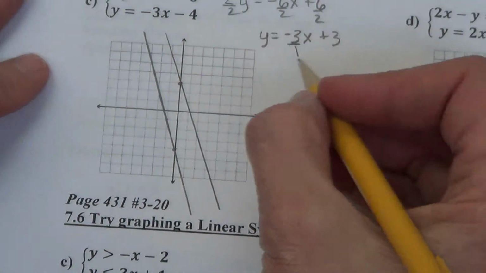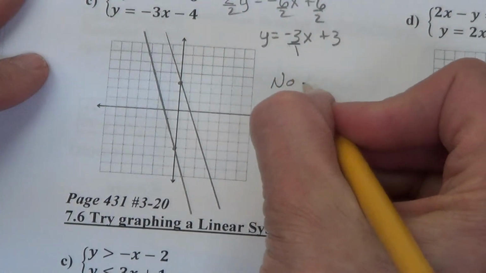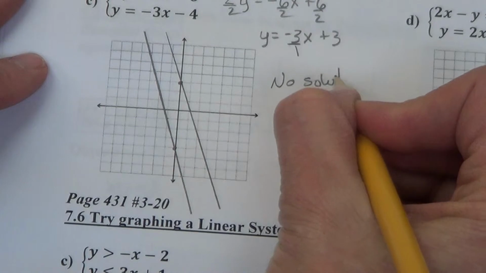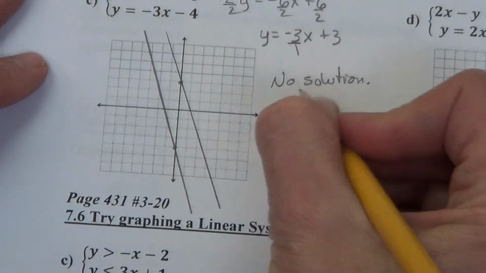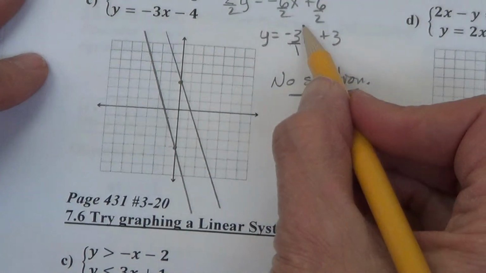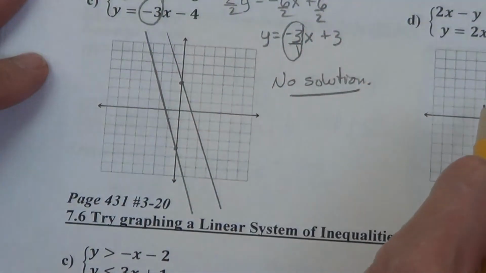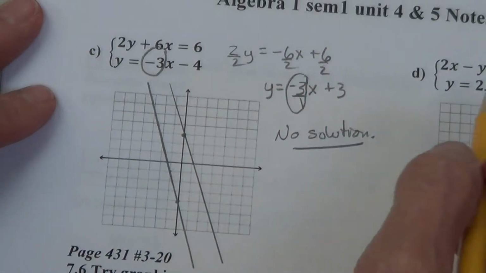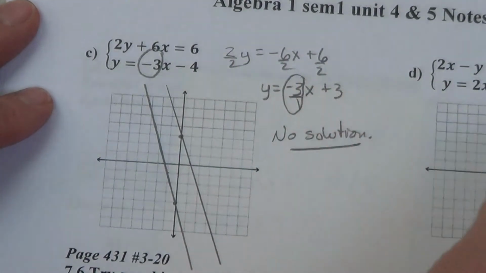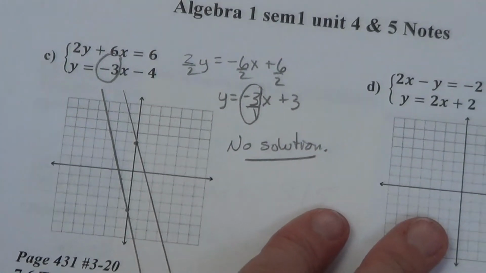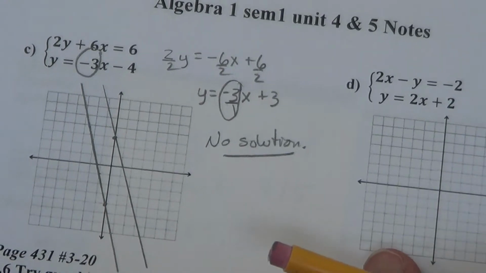We drew those right. They should look parallel. There's no solution. Now, how did I know that they were parallel with no solution? Because I noticed that this slope and this slope were the same, and I noticed that the y-intercepts were different. Okay, so I knew that they were parallel.